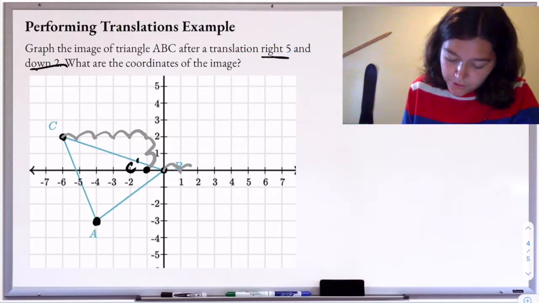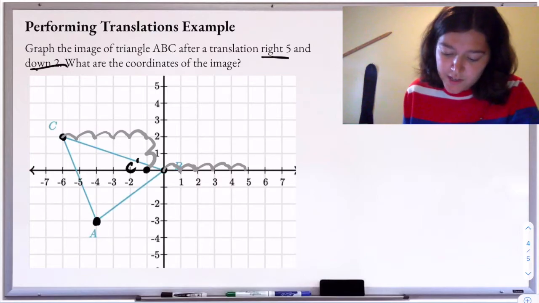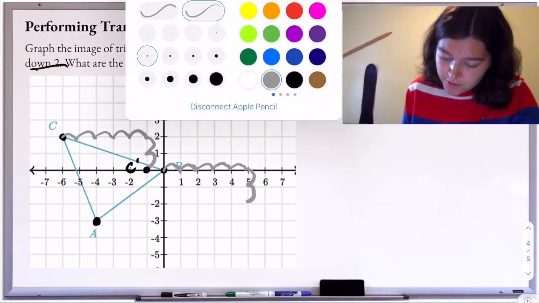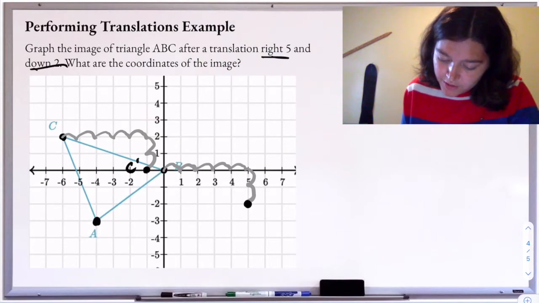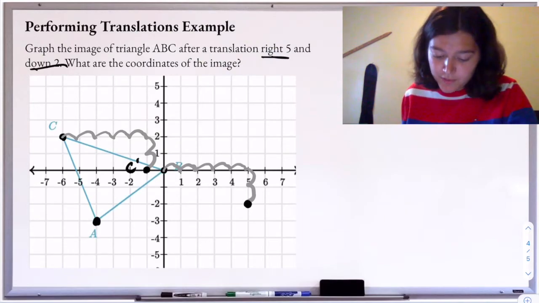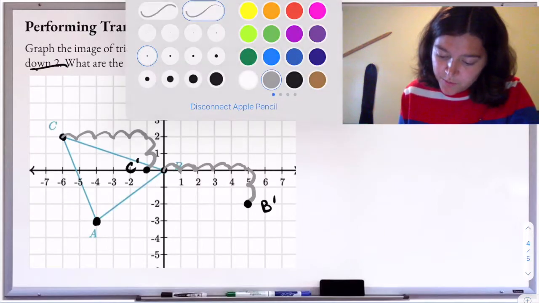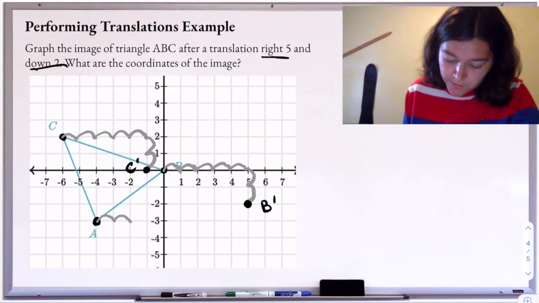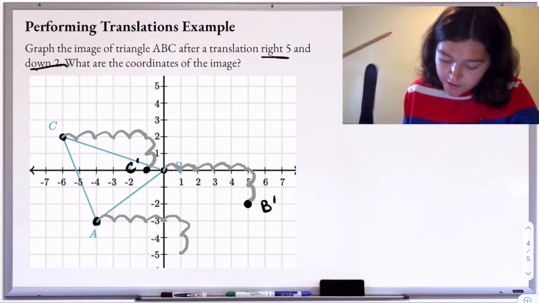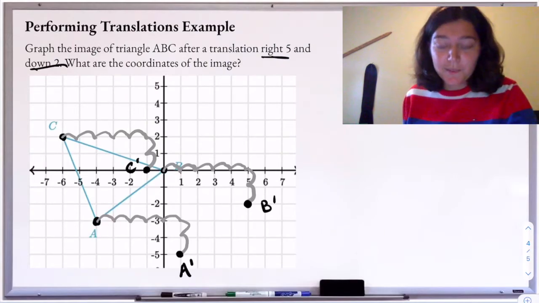B, we're going to go right 1, 2, 3, 4, 5, and then down 1, 2, and we end up right there. That's going to be B prime. And then one more time for A, right 1, 2, 3, 4, 5, down 1, 2. And that will be A prime, because I'm moving A.